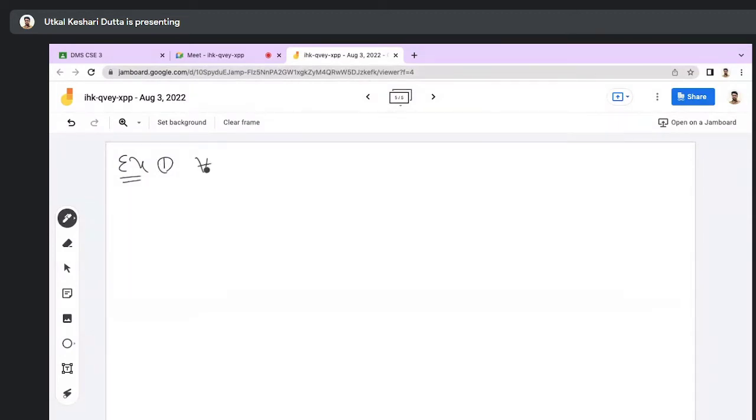For all, that is the universal quantifier. After that, I am adding x less than 0, x square greater than 0. This is an example of what? Which quantifier? That is the universal quantifier.